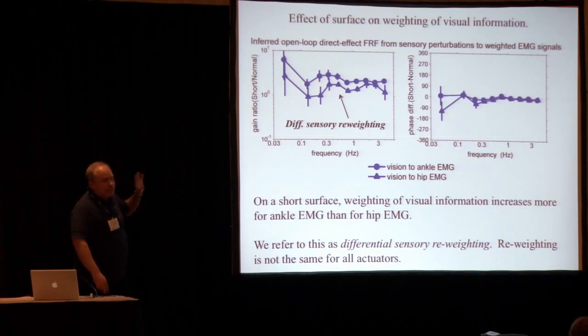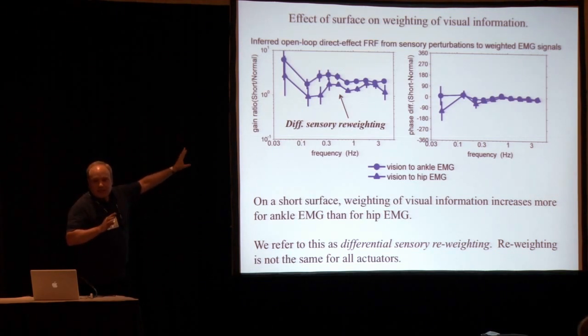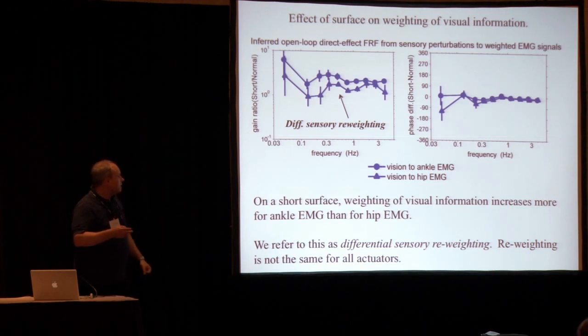But what's important is that it increases more than the vision to hip EMG. So recall that in the first experiment, both ankle EMG and hip EMG changed roughly the same amount. In these two conditions, ankle EMG is going to use sensory information more, and it's going to increase a larger percentage in terms of gain than hip EMG.